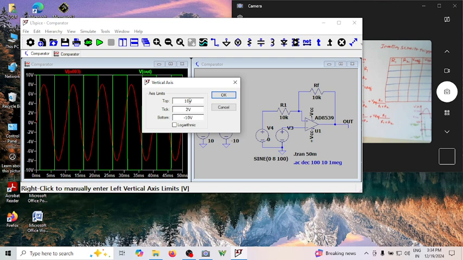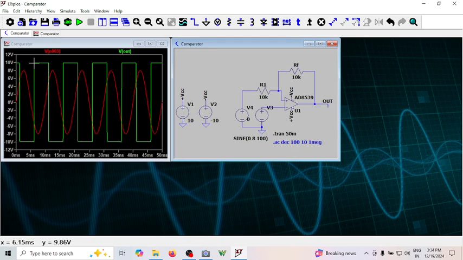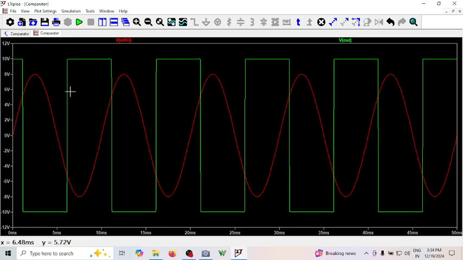If I run it, it will become by default. Okay, see now, when the input crosses, of course that's how your Schmitt trigger operates. So when the input voltage crosses VTH, let me just zoom this out.